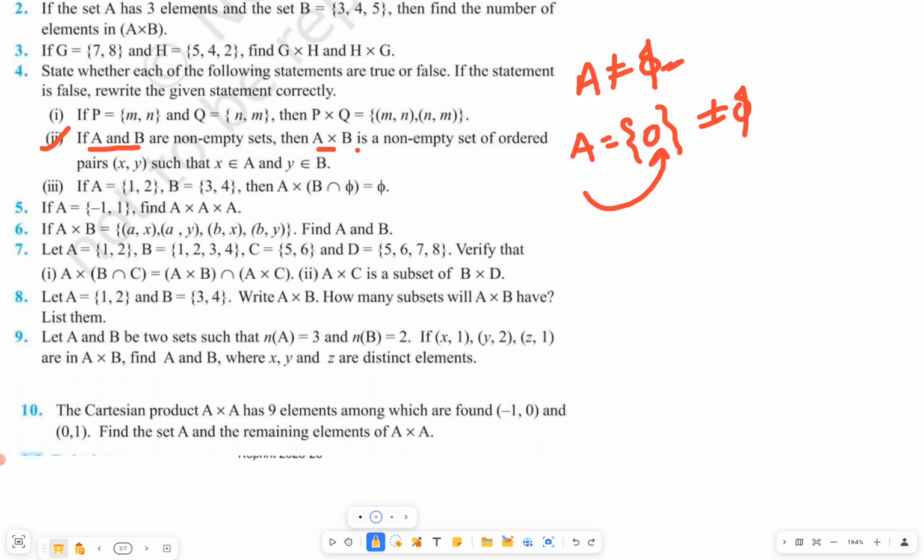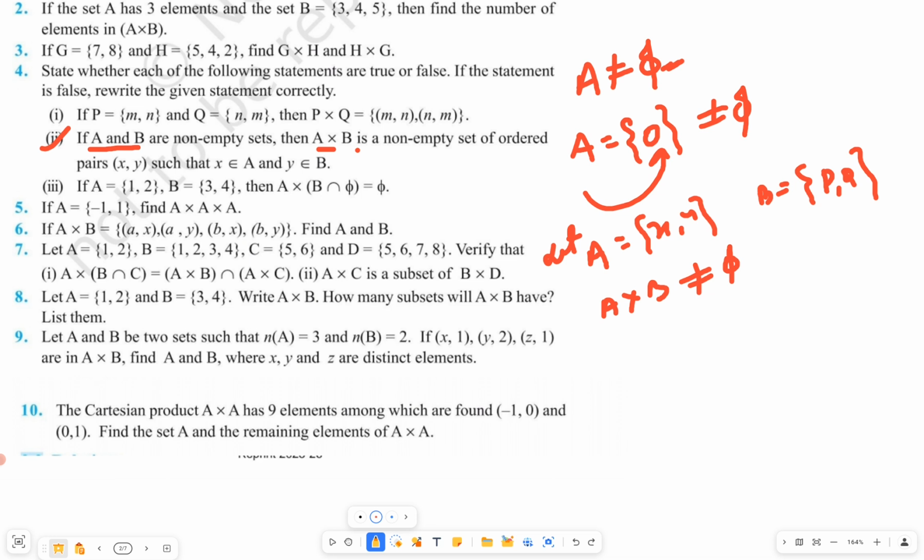So A cross B is non-empty. Number 2 is correct.